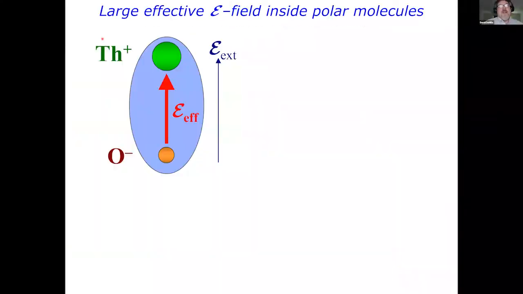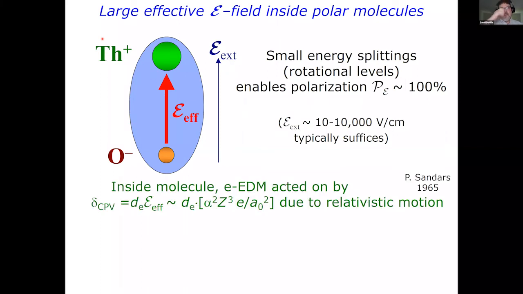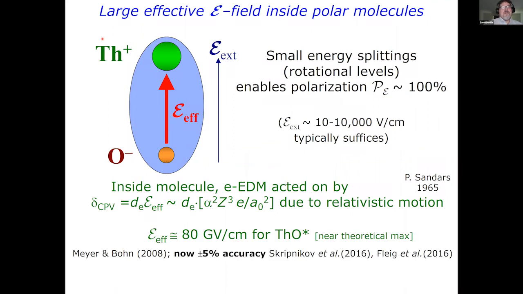And here we take advantage of the big polarization that's available and use a very heavy molecule, thorium oxide, to get big relativistic effects. Inside this particular molecule, it's as if the electron were being subjected to an effective electric field of 80 gigavolts per centimeter.